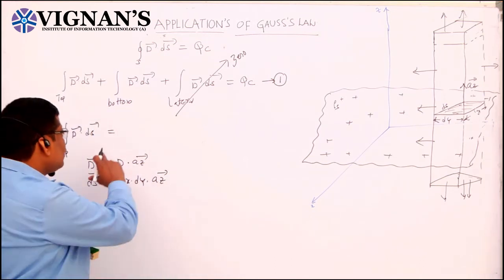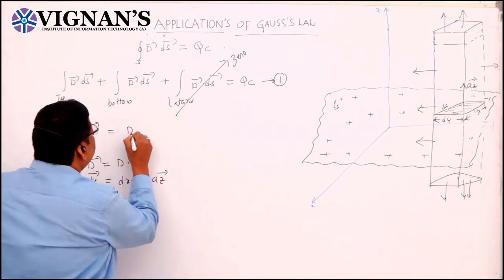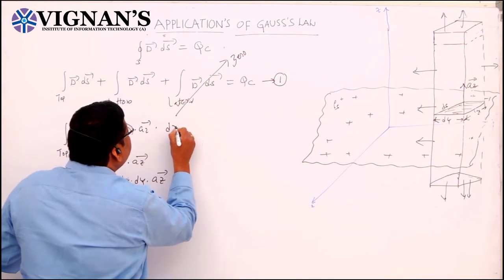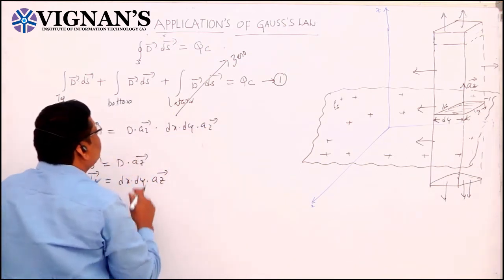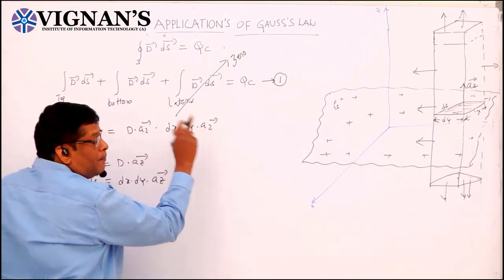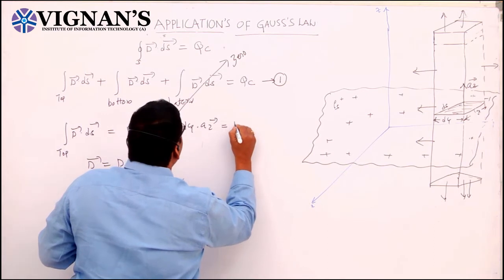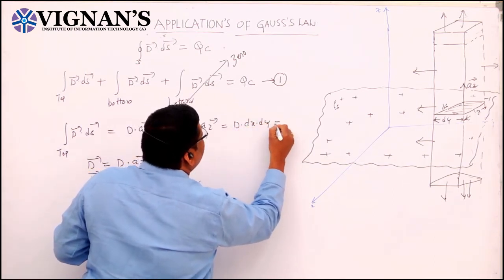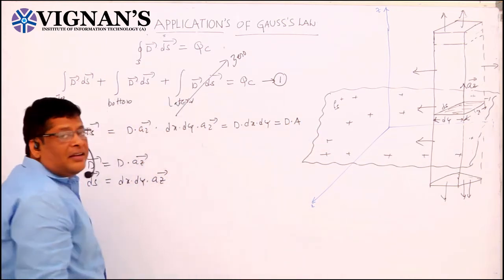Now substitute these two values here: D into az bar dot dx dy az bar. Az bar dot az bar becomes 1. We can write this as D into dx into dy, which is D into A. What is A here?